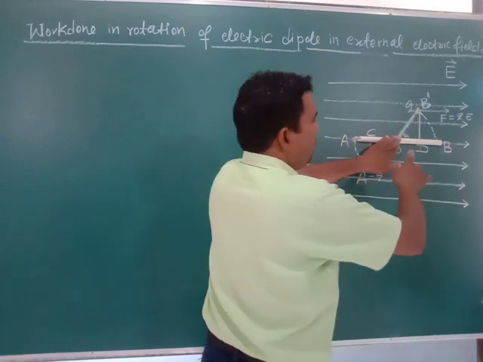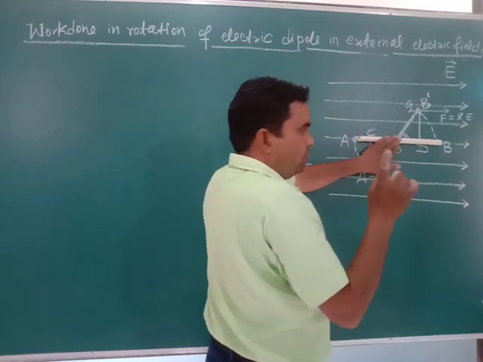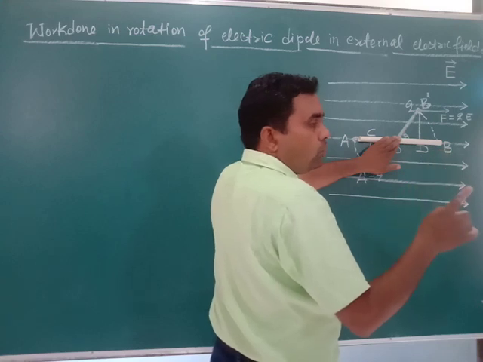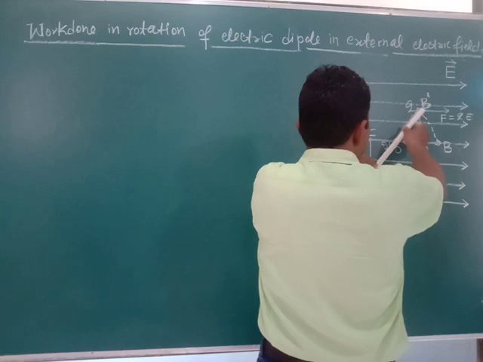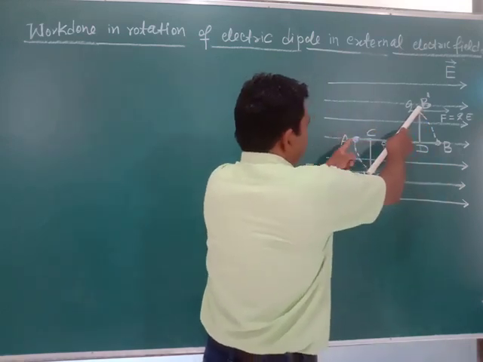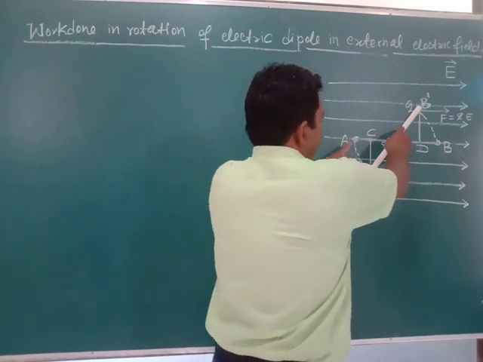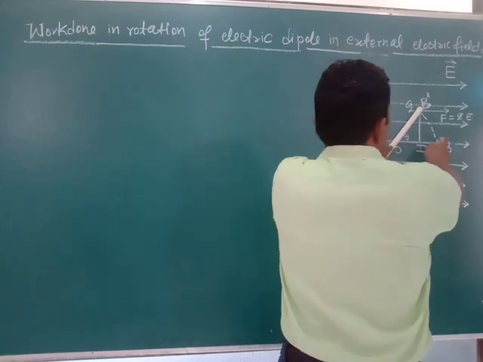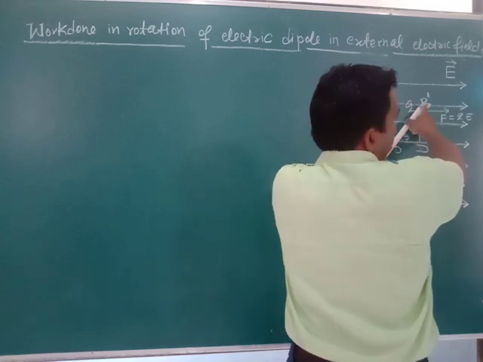This is the initial position of the electric dipole: at point A the negative charge of the dipole, and at point B the positive charge of the dipole. If this dipole rotates through angle theta and takes up this form, in this condition point A is displaced to point A dash, that is minus q charge reaches point A dash, and plus q charge which was placed at point B reaches point B dash.